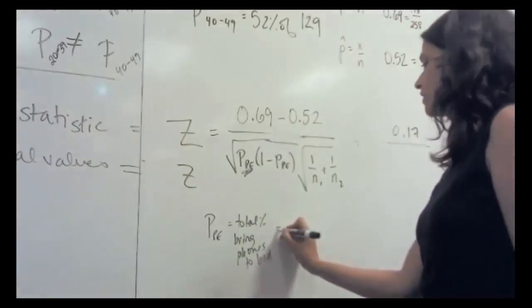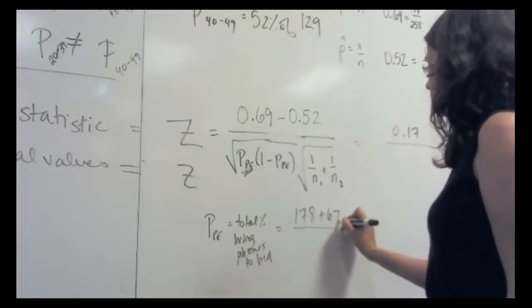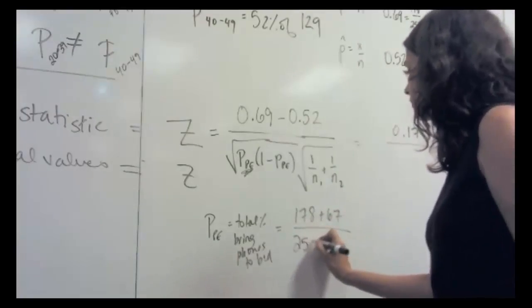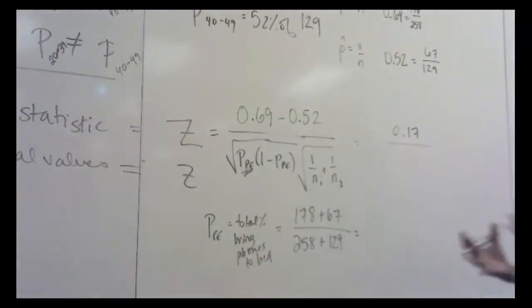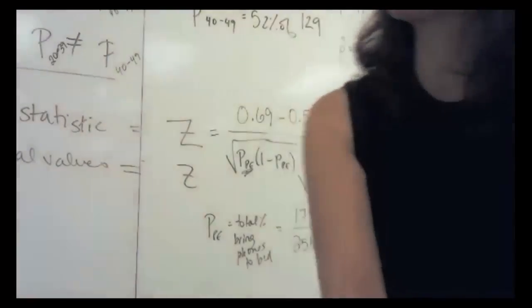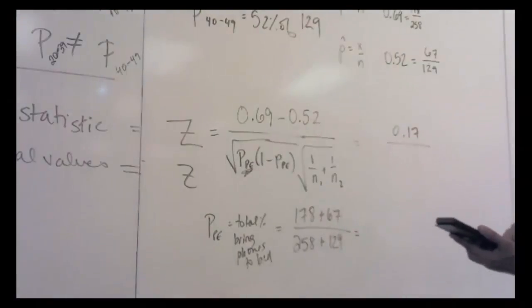In other words, this is 178 plus 67 over the total number of people, 258 plus 129. I don't know the population proportion, but I'll estimate it, saying these are all the people that brought their phones to bed.